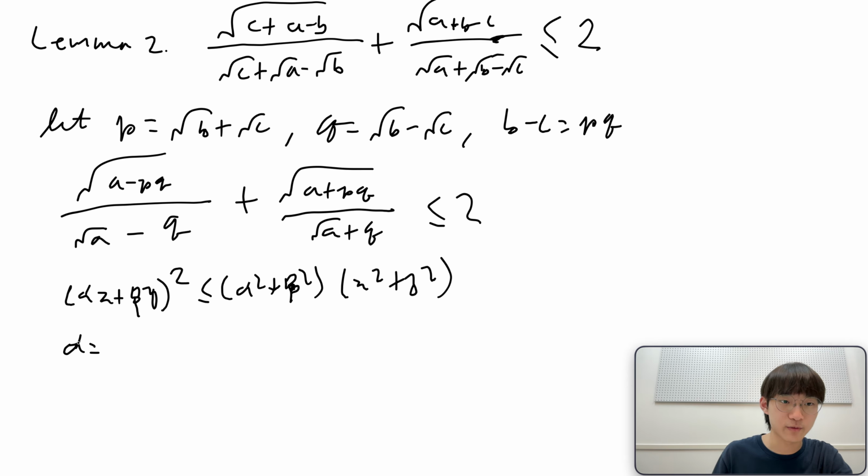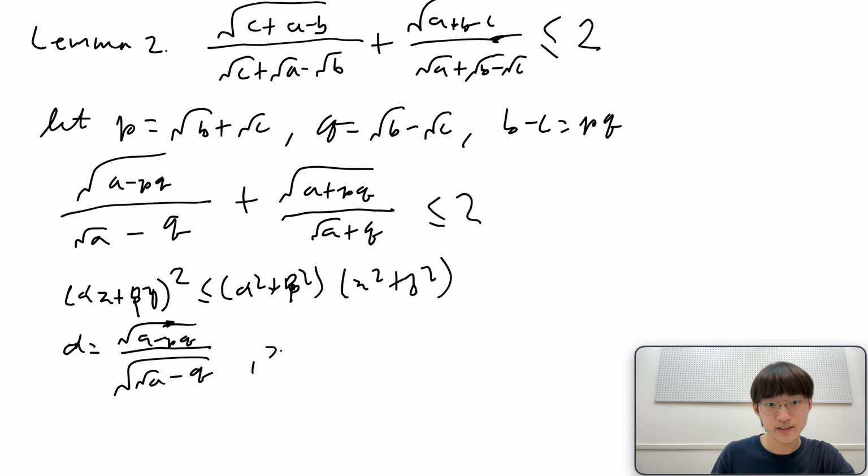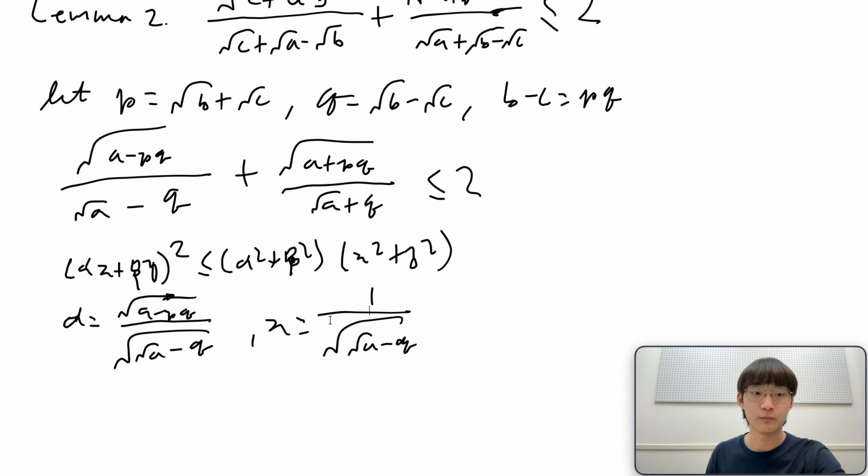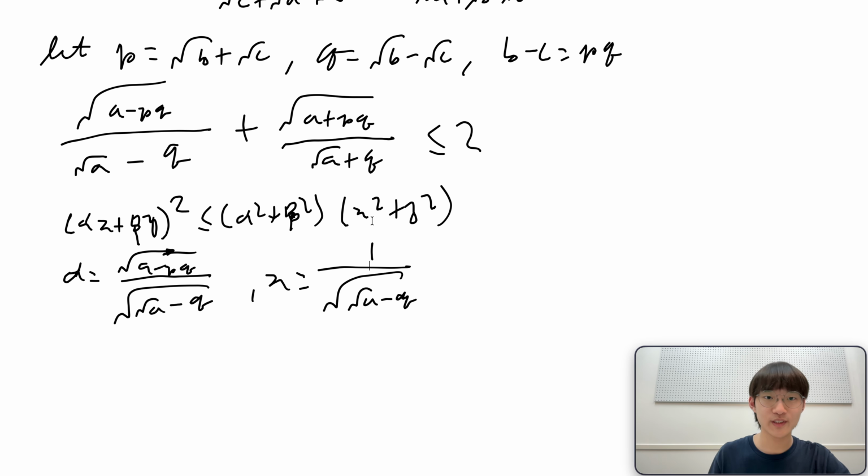Let's say alpha equals root a minus pq over square root of a minus q. And here x will be square root of a minus q over 1. So what we need to prove is that this whole thing squared is less than or equal to 4.